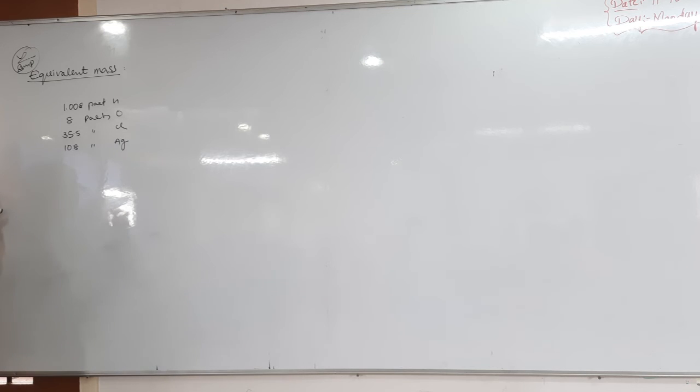It means the number of parts by mass of an element which combine or displace either 1.008 parts of hydrogen, or 8 parts of oxygen, or 35.5 parts of chlorine, or 108 parts of silver, then that is called equivalent mass.